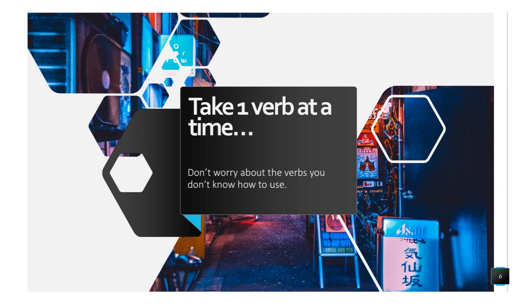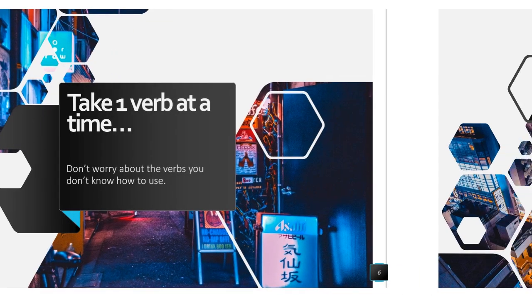So the trick is to just take one verb at a time, because when you look at a list like that, it's daunting to think that you could know every single one of those verbs and have them all memorized. We're just going to look at the important ones today, and you don't have to worry about all of the other ones that you don't know yet.